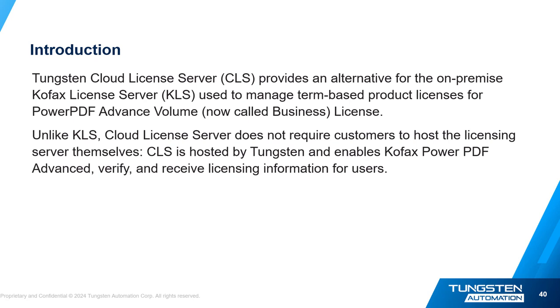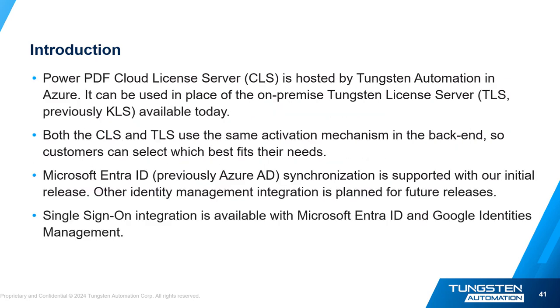The customer now has the choice to run either the Cloud License Server or the on-prem Kofax License Server, which was introduced in version 5.0. CLS is hosted by Tungsten Automation and is provided to the customer as a SaaS solution. The license activation mechanism and principles for licensing are the same between the on-prem license server and the cloud license server.